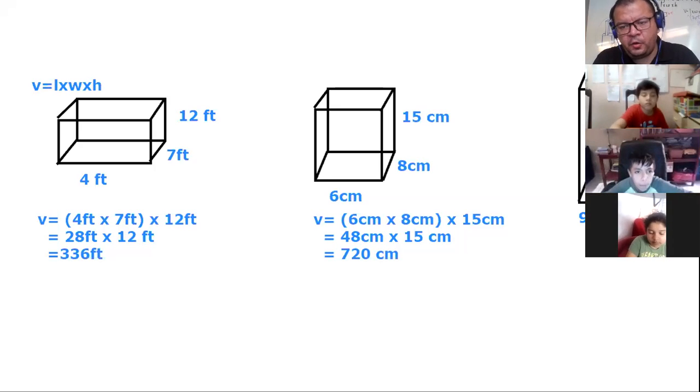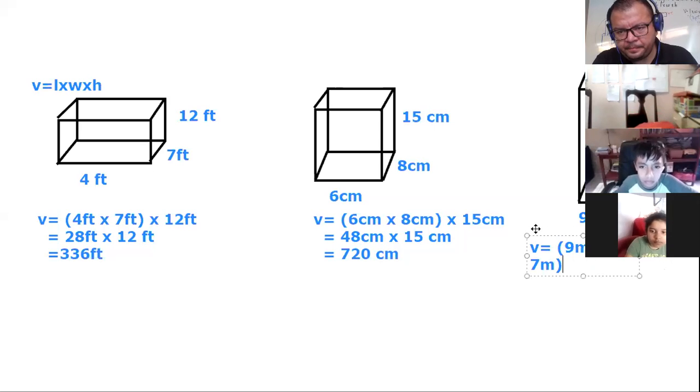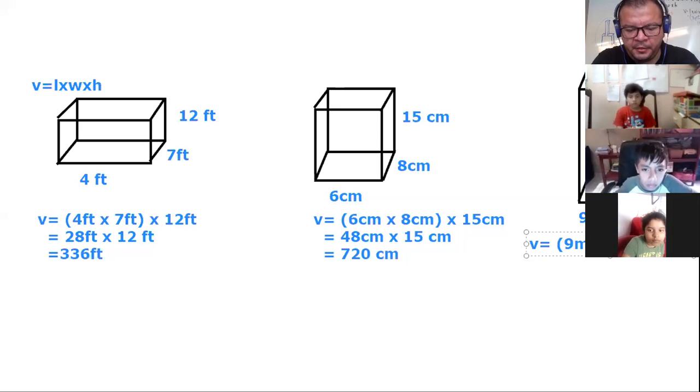So as always, I start to make my calculation. Volume is equal to open parenthesis 9 meters times 7 meters, close parenthesis, multiply 18 meters.